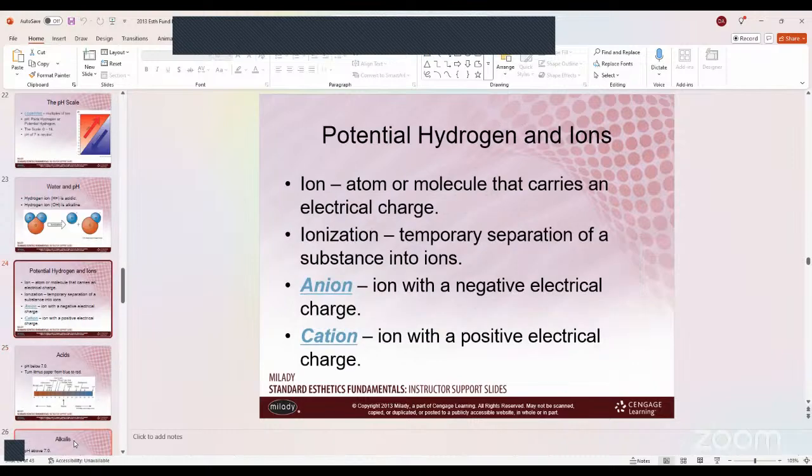All right, potential hydrogen and ions. It says the ion, it's an atom or molecule that carries an electrical charge. Ionization, temporary separation of a substance into ions. This is what I need you to study because you're going to come in contact with this.